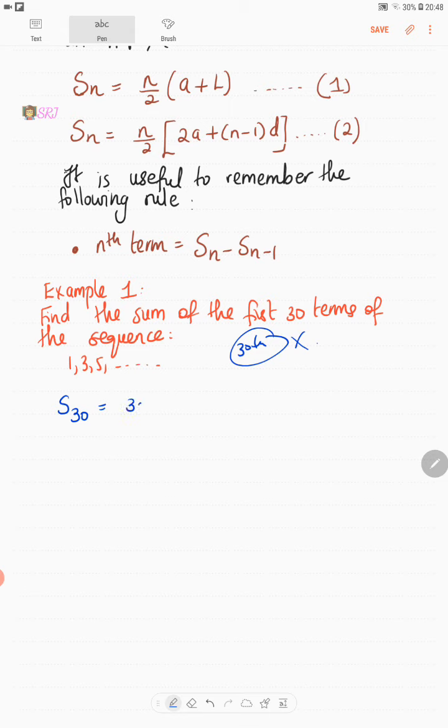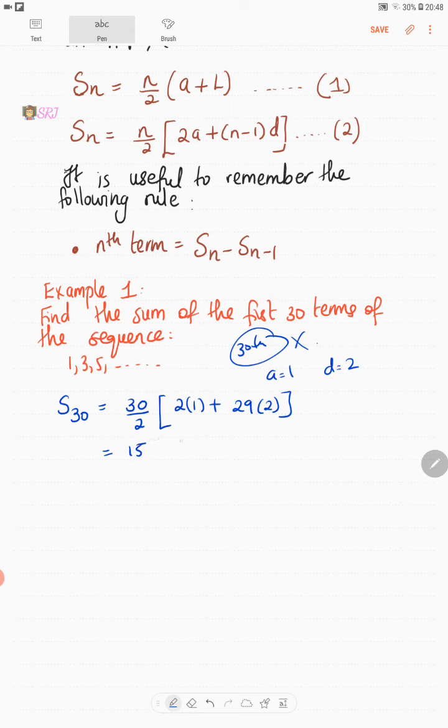We obtain 30 over 2. Here 2 times a. So a is 1 and d is 2. So it's 2 times a plus n minus 1. Here n is 30. n minus 1 becomes 29 times d, which is 2.